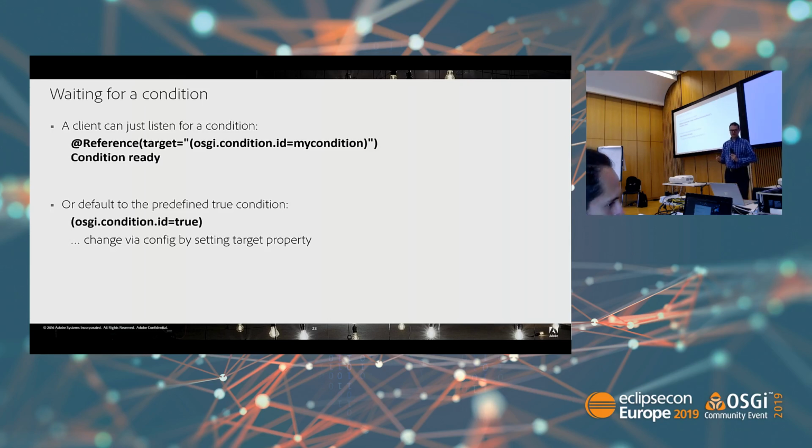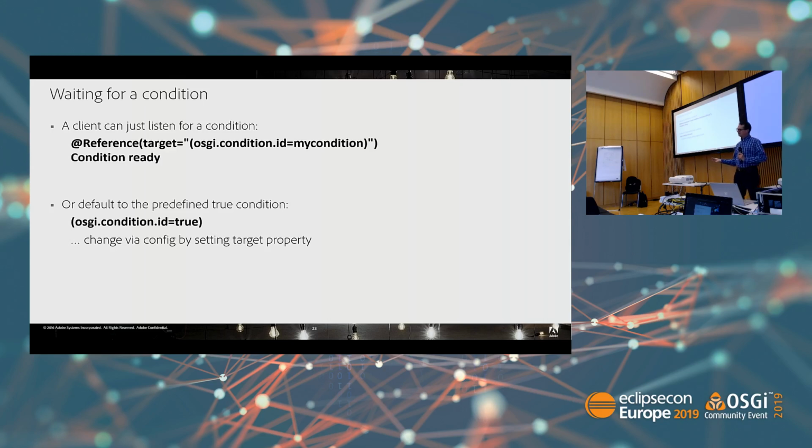There is some discussion about changing DS itself to have every component implicitly depend on a condition. And by default, that would be the true condition. So the idea there is that the OSGi framework registers a condition with the name true, and that condition is always there. And every DS component would implicitly depend on that condition.